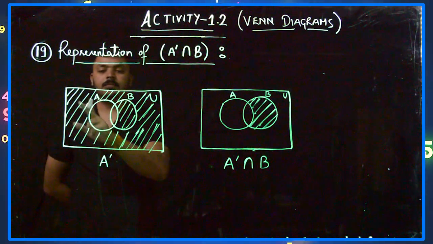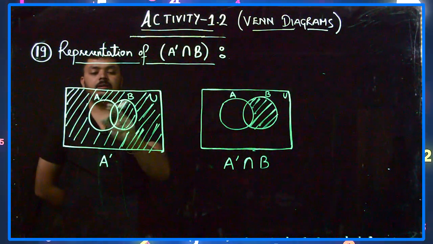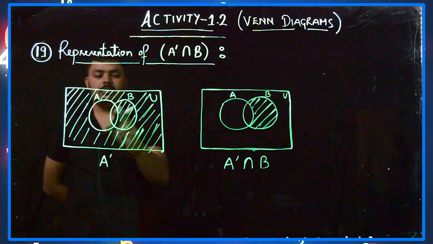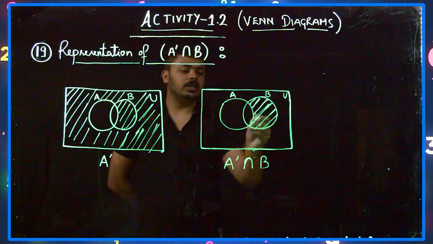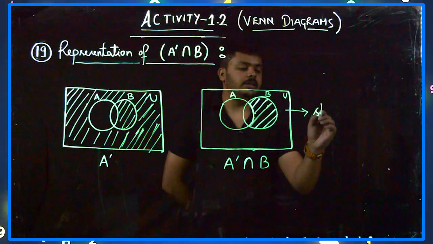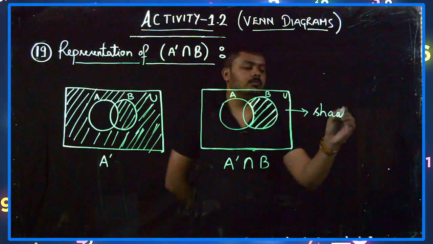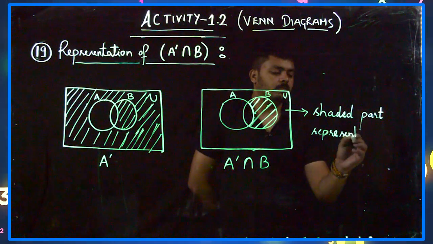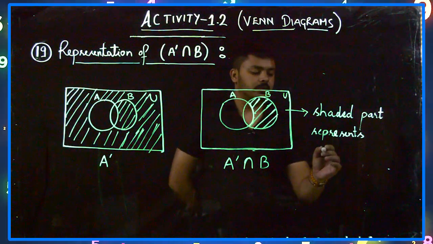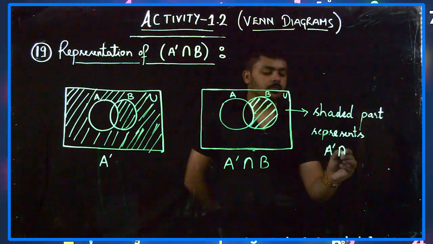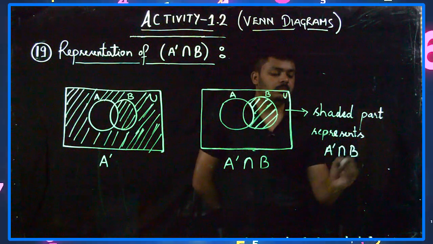As you can see, the common part between the complete A complement and B represents A complement intersection B. So the shaded part represents A complement intersection B.